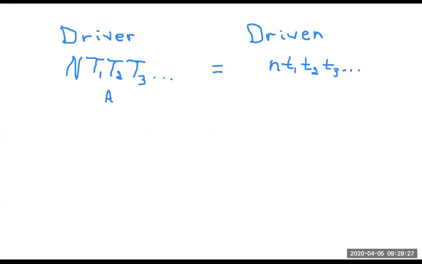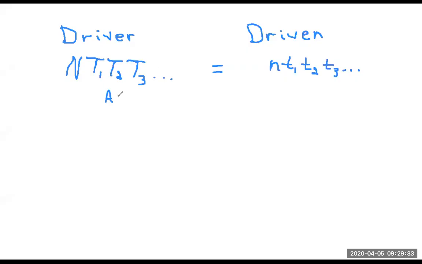So, out and back. So A, B, and D are the drivers. C and E are the drivens.